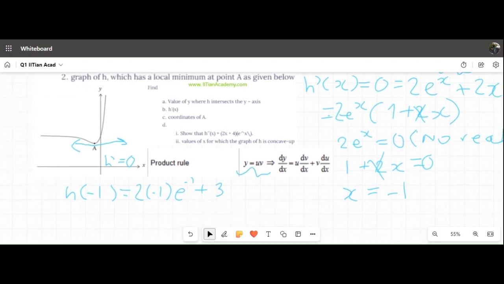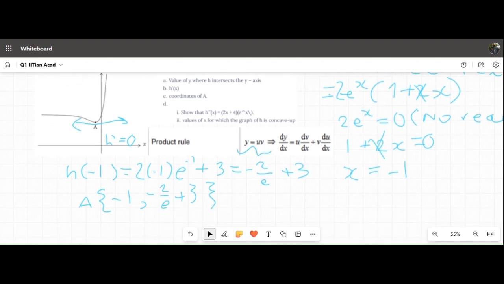And if we solve for that, we find that our equation becomes -2 over e plus 3. So then our coordinate for point A is (-1, -2/e + 3). It's not pretty, but yes, that is our coordinate, and that is our answer for part C.